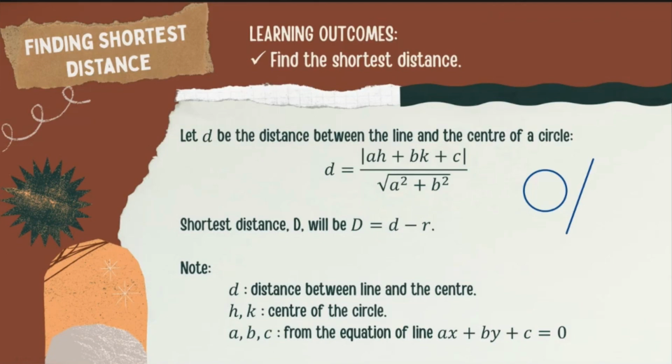So kalau dekat circle kita ada center dekat tengah-tengah ni yang saya akan label sebagai H, K. Dan kita akan ada radius dekat sini yang saya akan label sebagai R. Okay, so maksud shortest distance dia nak kamu cari distance antara this circle dengan this line.